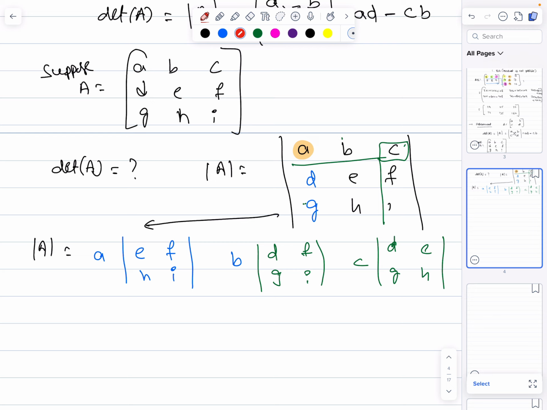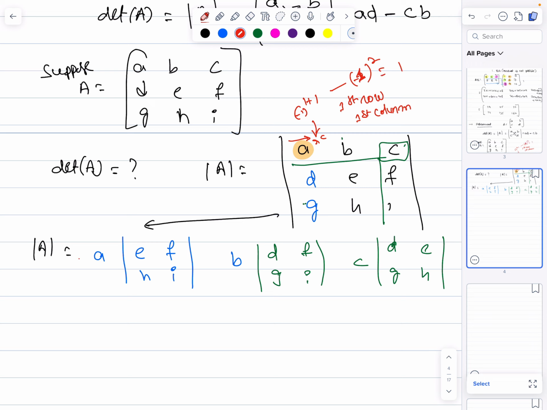Now, if you look at A, it is in the first row, first column. So, according to the permutation rule, it is -1 to the power 1 plus 1, the location of row position and column position. First row, first column. Therefore, you will get -1 to the power 1 plus 1. What is that? It is -1 squared, that is 1.